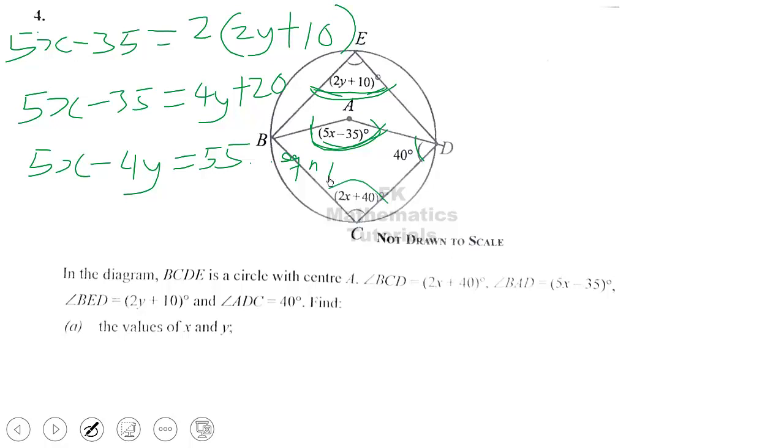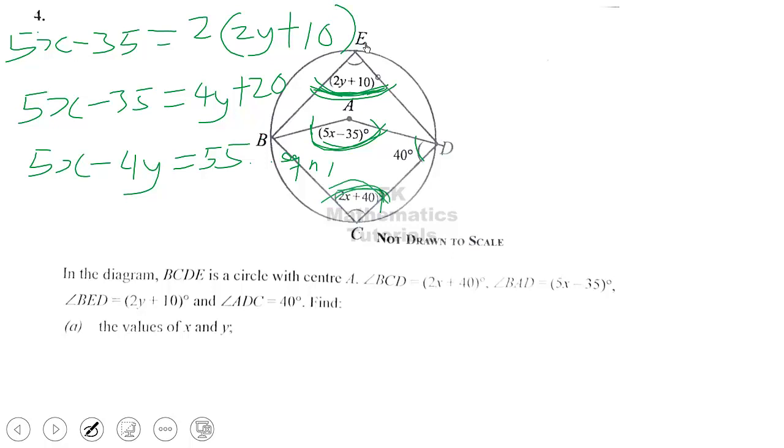Then we also have this angle here and this angle. They are opposite angles of a cyclic quadrilateral, so when we add the angles, it will add up to 180. Cyclic quadrilateral because quadrilateral BCDE has its vertices on the circumference of the circle.